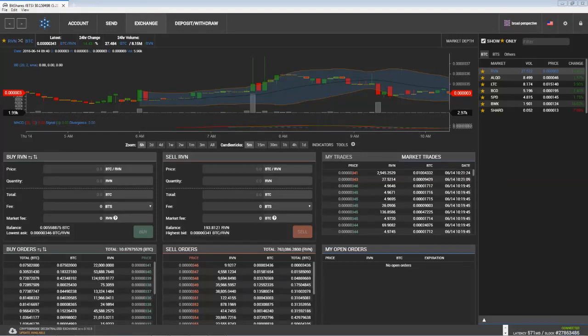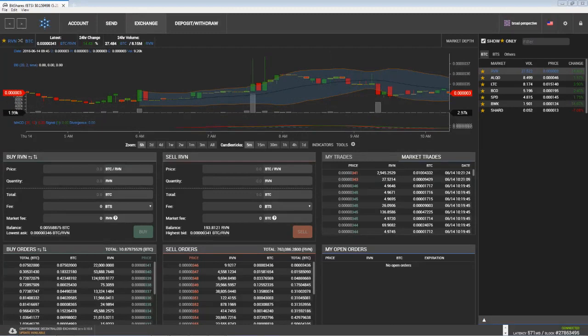So this is exchange software, and in particular it's CryptoBridge. It's running on the Bitshares network. And this is going to be similar to a lot of other exchanges you see out there though. You have the price chart window here. You have all the recent market trades in this panel right down here.